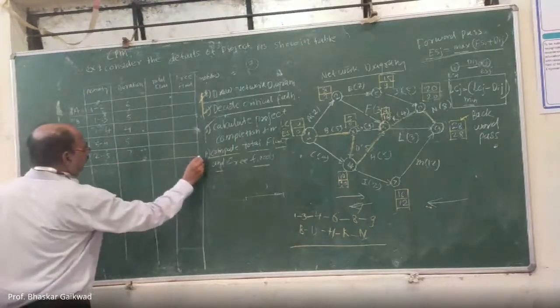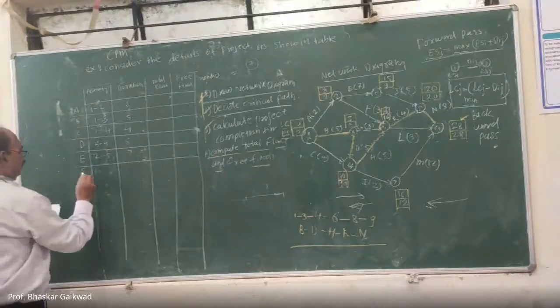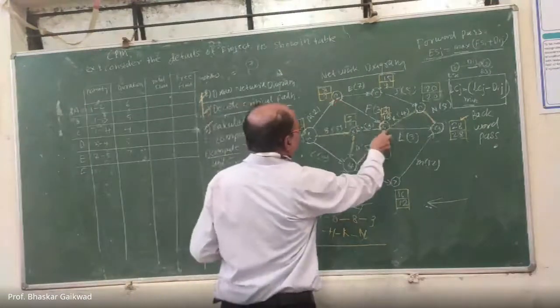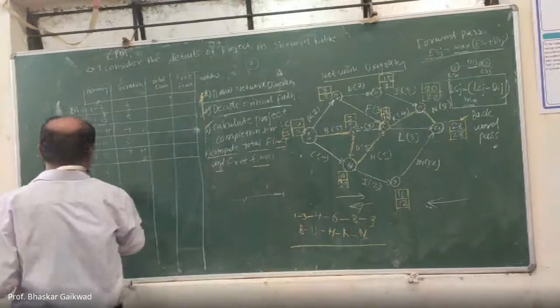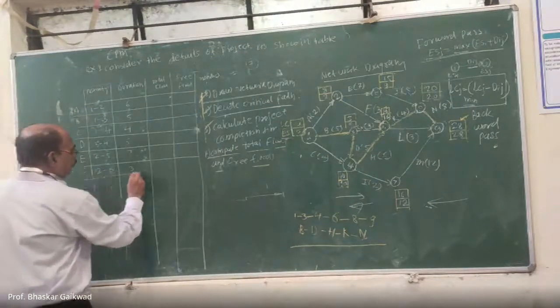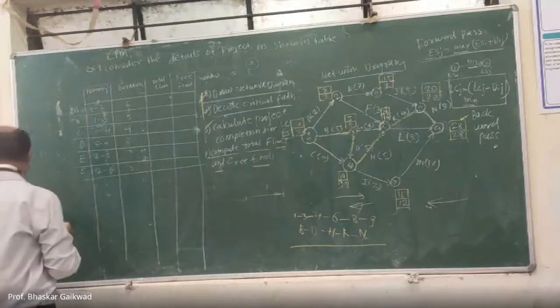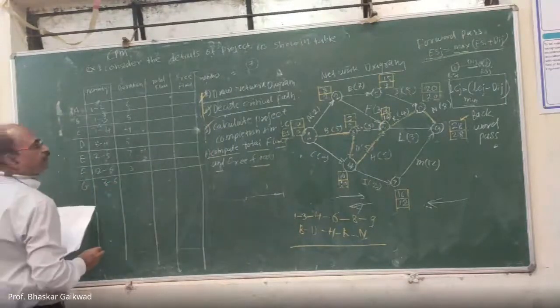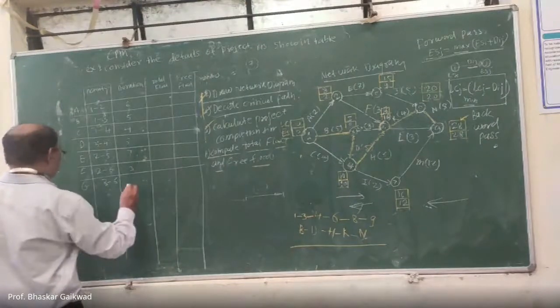After this, F is there. F is 2 to 6, and the duration is 3. After that, G is there, 3 to 6, and the duration is 3.